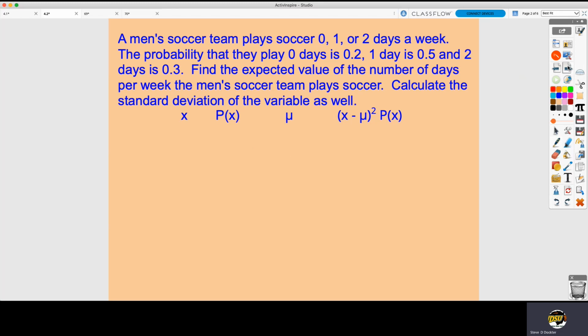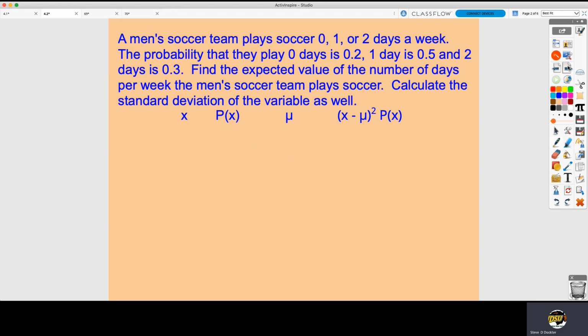All right, so we've got a situation here. A men's soccer team plays soccer 0, 1, or 2 days a week. Probability they play 0 days is 0.2, 1 day is 0.5, and 2 days is 0.3. We want to find the expected value of the number of days per week the men's soccer team plays soccer.